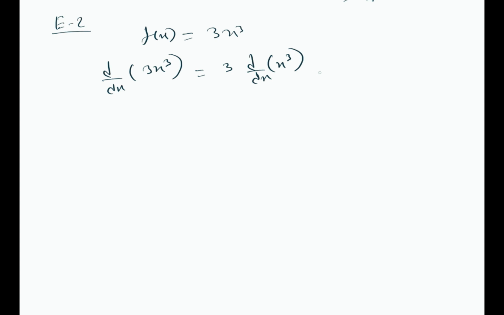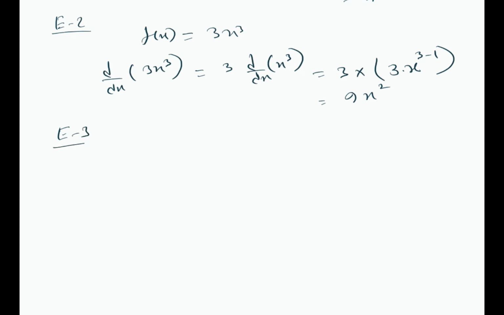We can put a bracket to separate it. The derivative of x to the power 3 is a power function, so we need to use the power rule. First we write the power, so 3 times the variable x to the power 3 minus 1. So our final answer will be 3 times 3, 9, x to the power 3 minus 1, which is 2. So this is the answer.